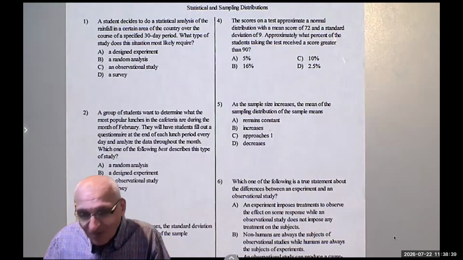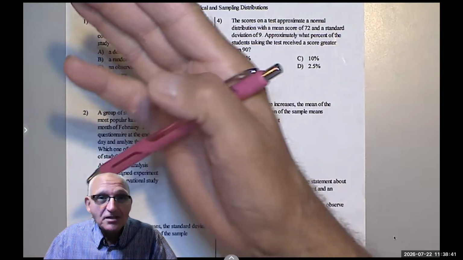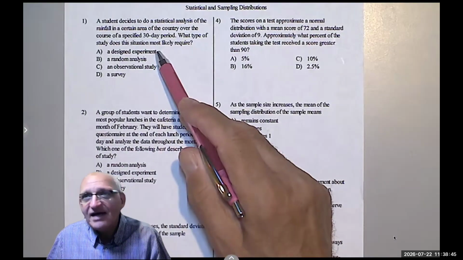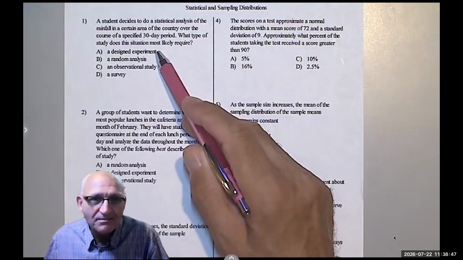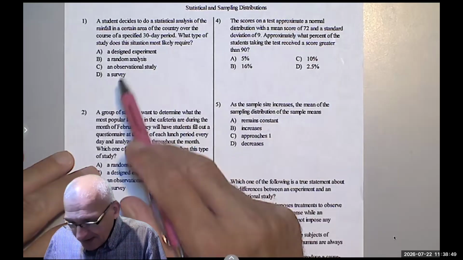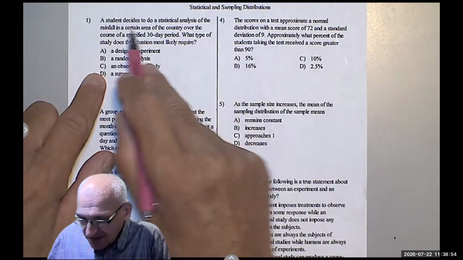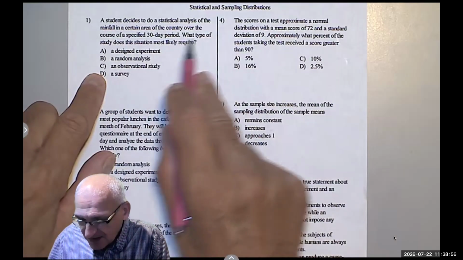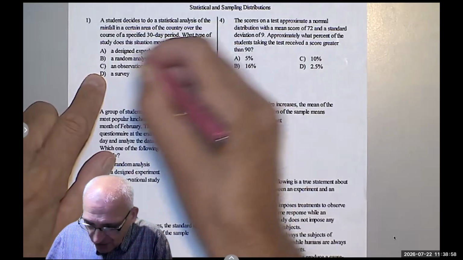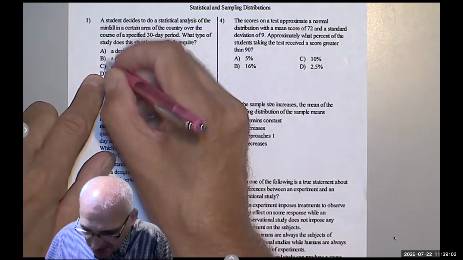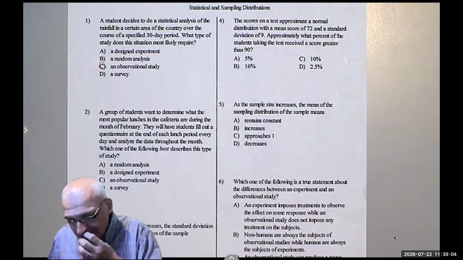Okay, so since you don't control anything, it's not a design experiment. You cannot design to have rain tomorrow at 4, for example. Okay. A random analysis, an observation. You see, the student decides to go and observe the rainfall during the 30-day period.